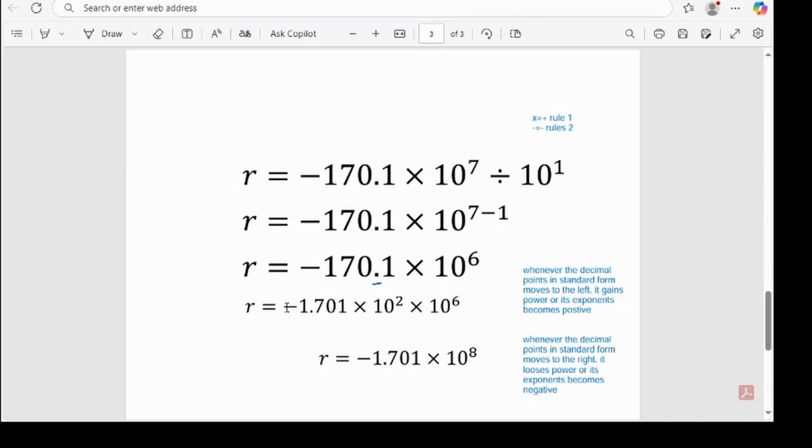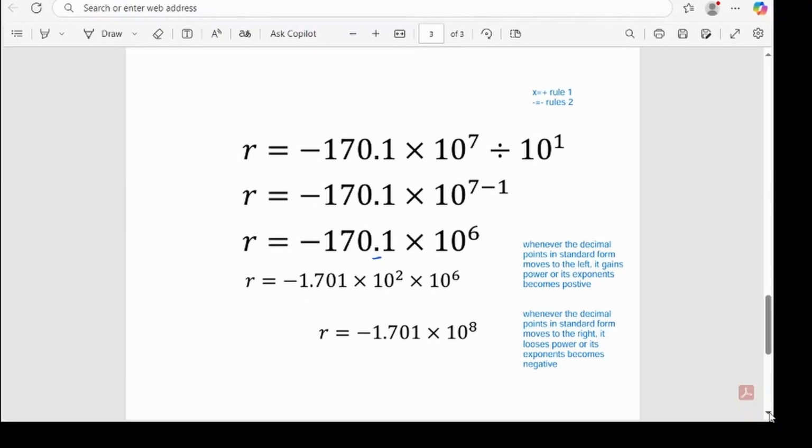So here R is going to become minus 1.701 multiplying 10 exponent 2 multiplying 10 exponent 6. Then remember the previous rule: whenever there is multiplication, there is addition in standard form.